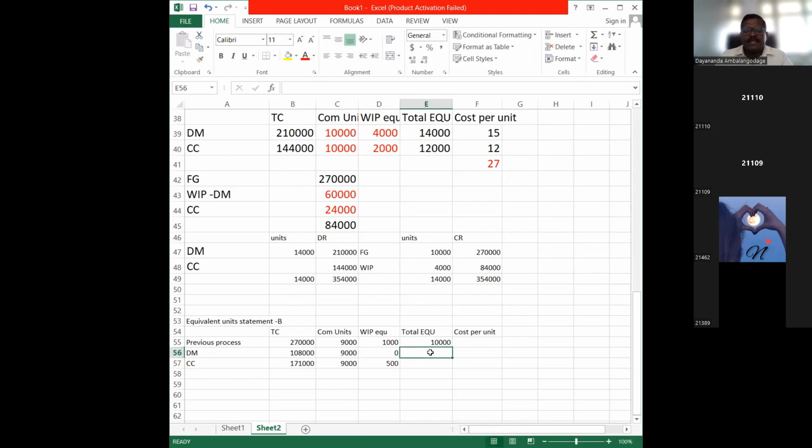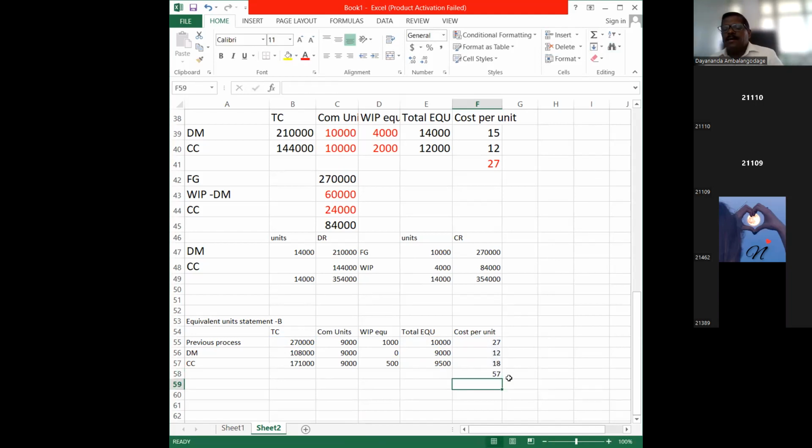Here it is 9,000 total, and here it is 9,500. So you can calculate the total cost per unit. The total cost divided by the total equivalent units gives the cost per unit. In a similar way, you divide all the columns, and the total would be basically these 3 items.